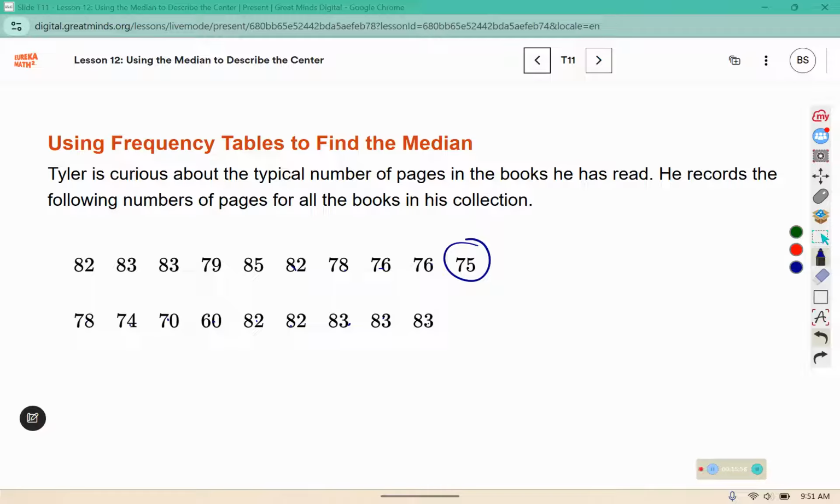The problem here is that Tyler does not have his page numbers in order from least to greatest. You can see there's 83s above and below 75. So before we can find the middle value, we have to start by placing the values in order from least to greatest.